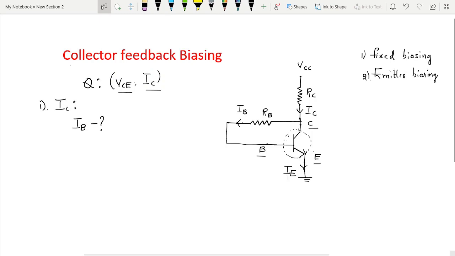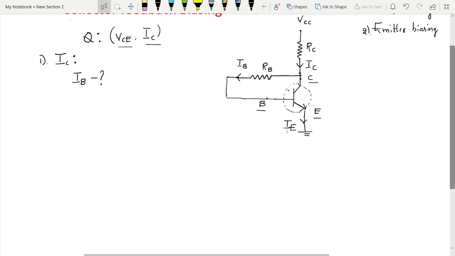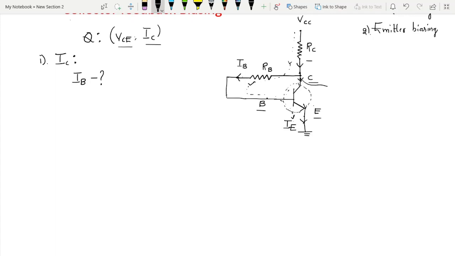First we will write the loop equation for the input loop. Just observe here, apply the loop equation for this input loop. The current entering into the collector region is nothing but the collector current.